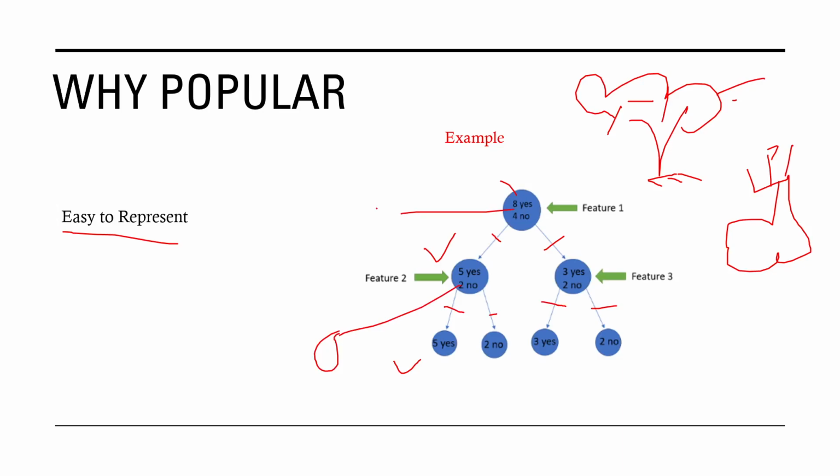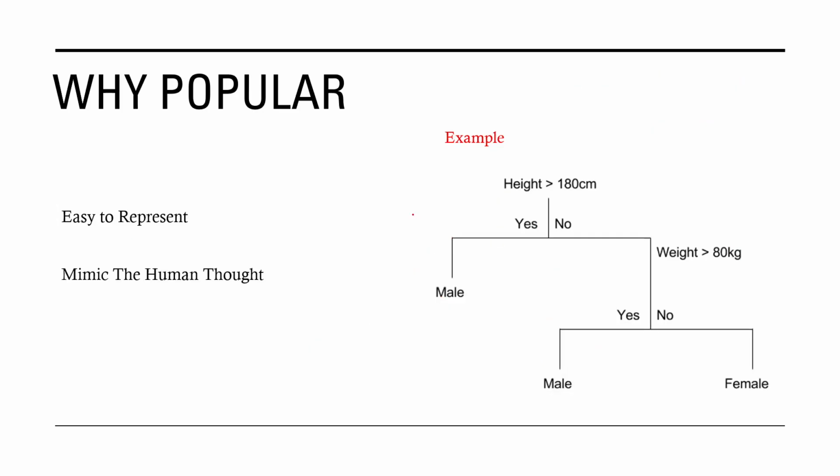So there is no hard rule. So where did the tree come from, or why is it popular? It mimics human thought. We can visualize that the branching is going there, if not going there.